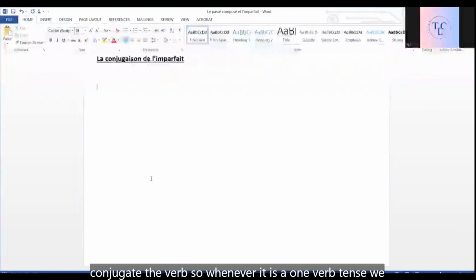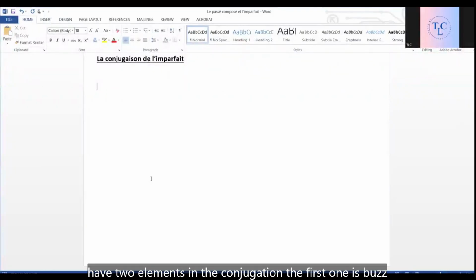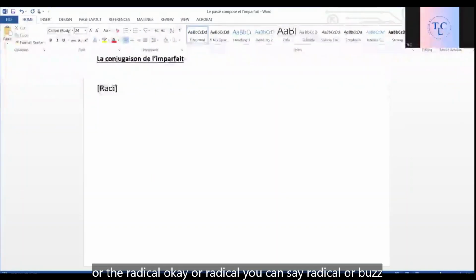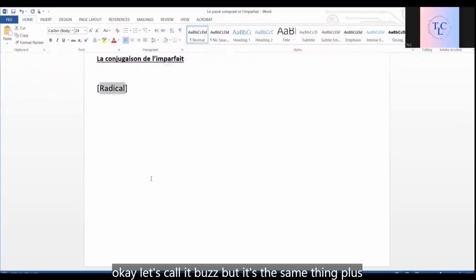Okay. So whenever it is a one verb tense, we have two elements in the conjugation. The first one is the base or the radical. You can say radical or base. Okay, let's call it base, but it's the same thing.